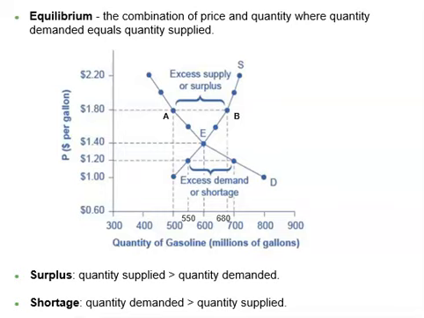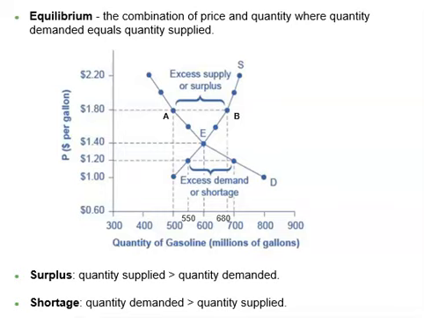It happens when quantity supplied exceeds the quantity demanded. In this example, there is a surplus of 180 million gallons. You take the quantity supplied 680 minus the quantity demanded 500 to get the surplus of 180 million gallons.